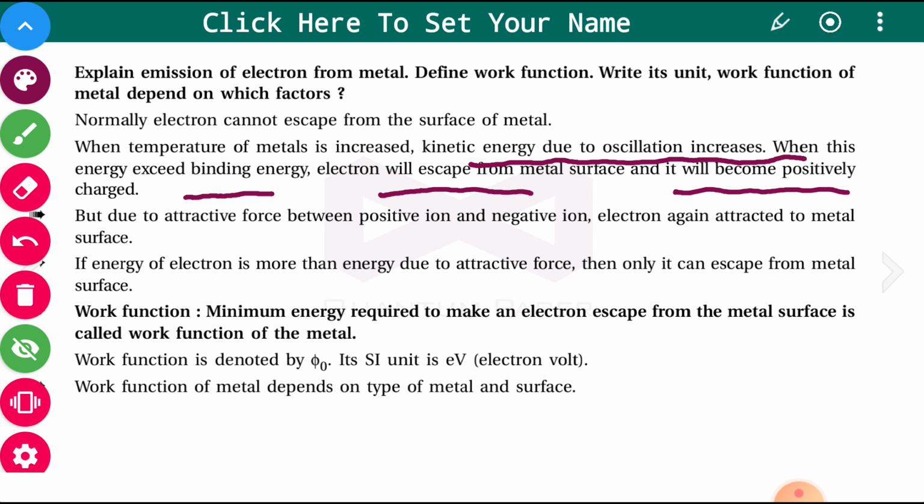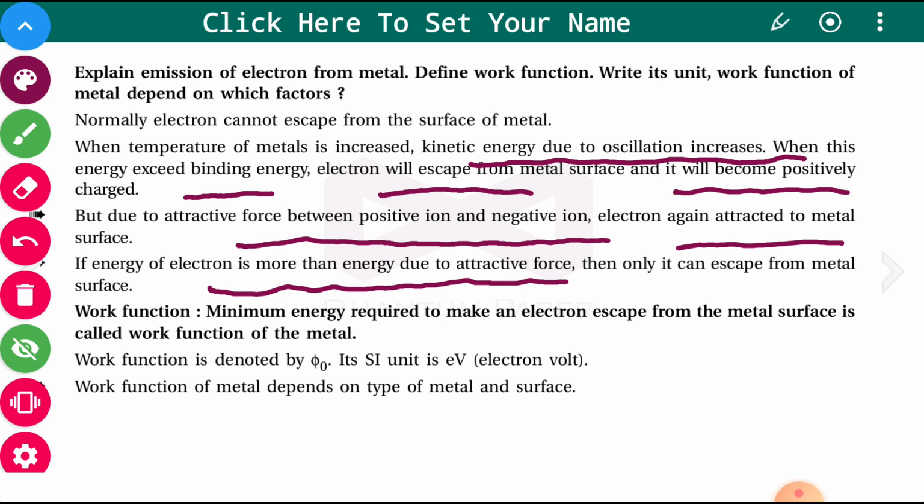But due to the attractive force between the positive ion and the negative electron, the electron is again attracted to the metal surface. If the energy of the electron is more than the energy due to the attractive force, then what will happen? This electron is going to escape from the metal surface. So you have to supply energy from outside which is more than the binding energy.